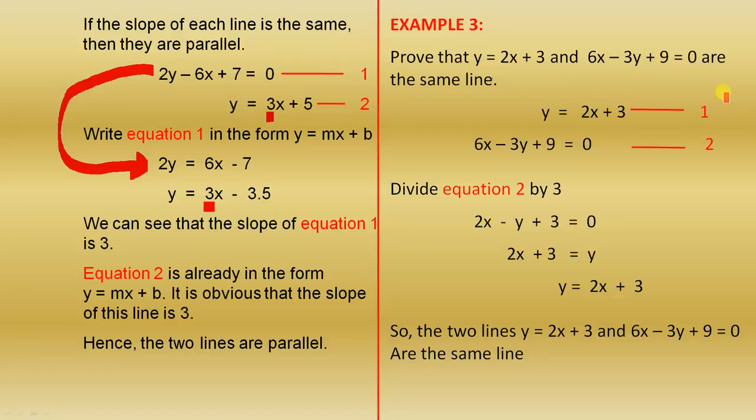Example 3. Prove that y equals 2x plus 3 and 6x minus 3y plus 9 equals 0 are the same line. So here are our two equations. Divide equation 2 by 3. So that gives us from there to here.